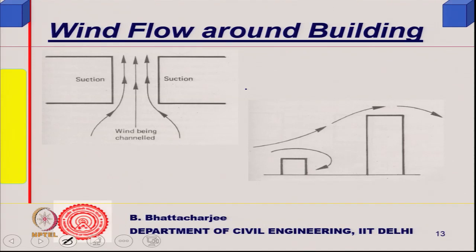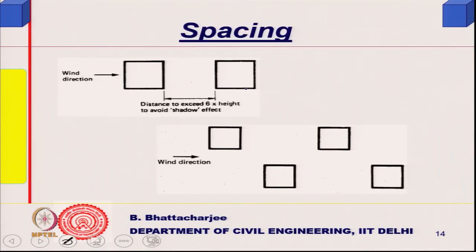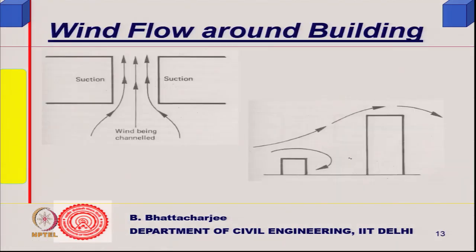For example, two buildings, if they are too close, it can simply block. So, spacing between the buildings is very important, right. Generally, if you have 6 times the height of the building, you will not have any shadow effect. Like this one had some shadow effect. In fact, you have suction here, and this one is driving the wind flow pattern like this.